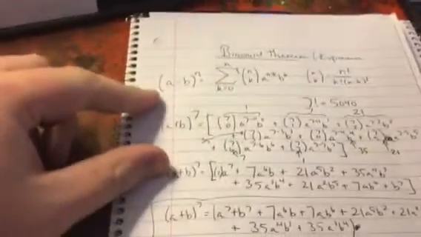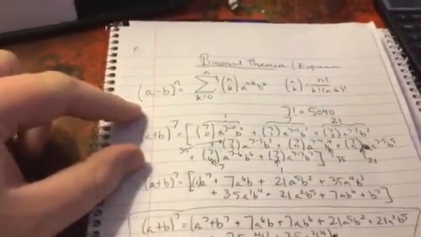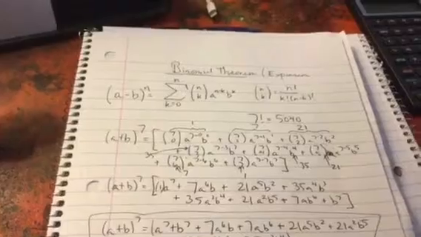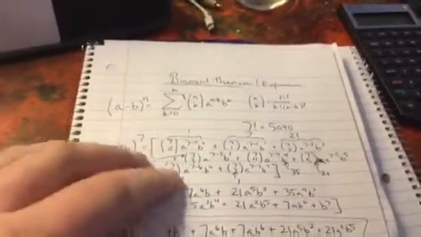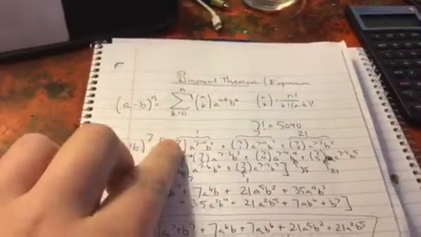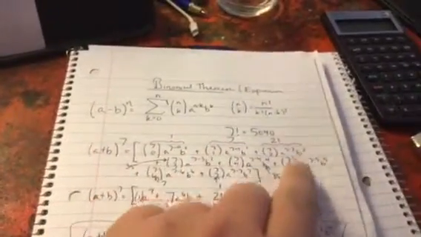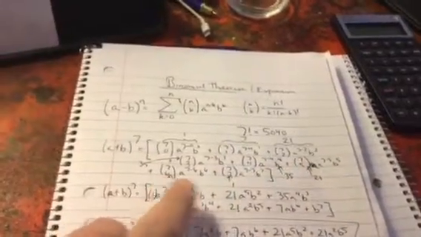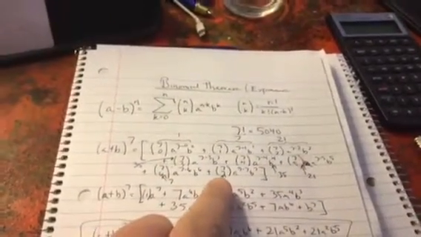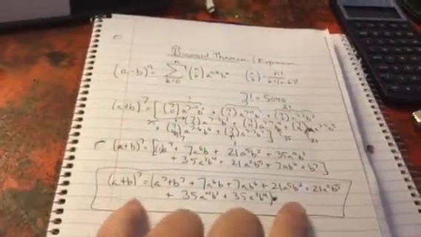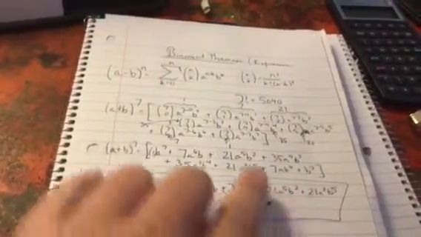When you have a plus b to the 7th, you take this a to the n minus k times b to the k, multiplied by 7 choose 0, 7 choose 1, 7 choose 2, 7 choose 3, 7 choose 4, 7 choose 5, 7 choose 6, and 7 choose 7. That is how you expand your binomial into this.